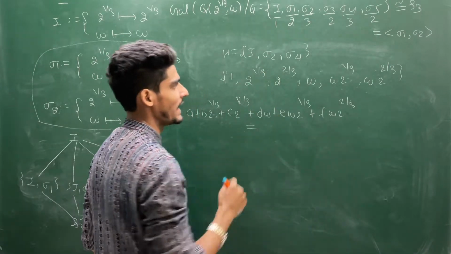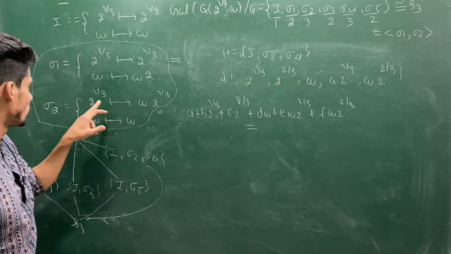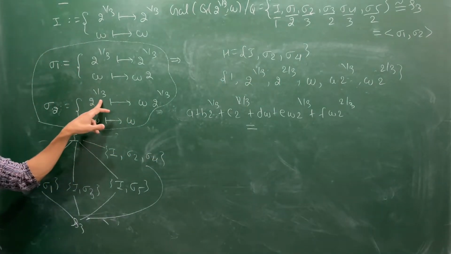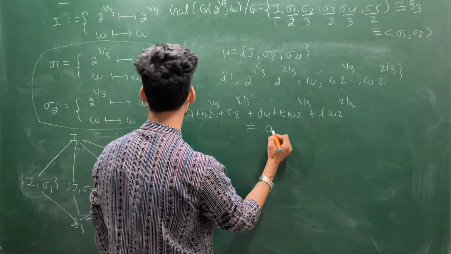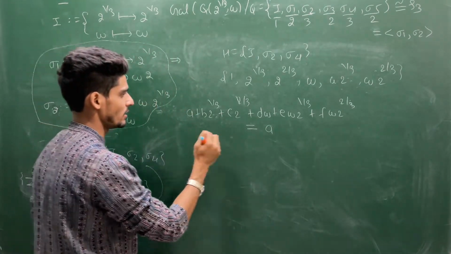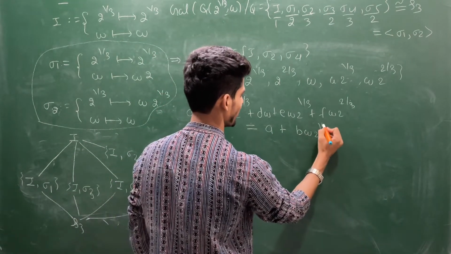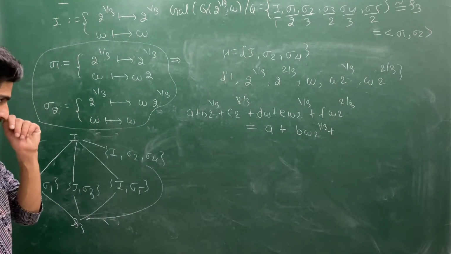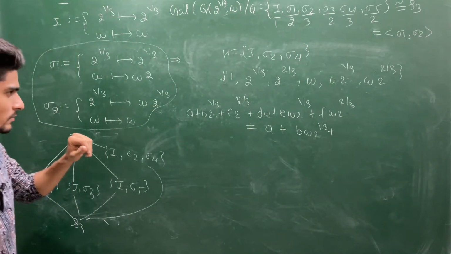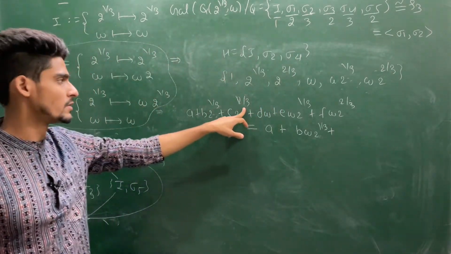But what is the actual image according to sigma 2? The actual image according to sigma 2 sends 2 power 1 by 3 to omega times 2 power 1 by 3, and omega to omega. So it will be a, because it fixes the rationals, plus b omega times 2 power 1 by 3, plus the image of 2 power 2 by 3.